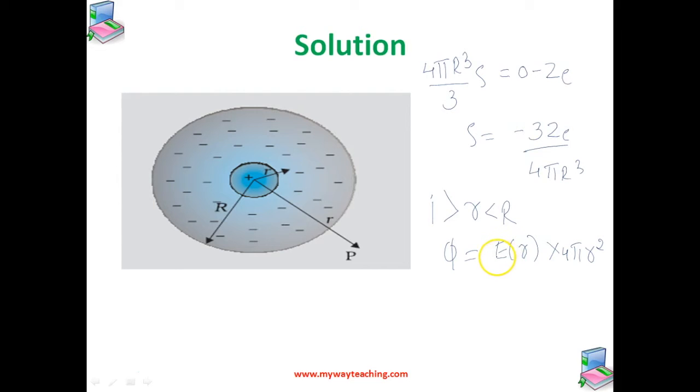This is because the field at any point on the spherical Gaussian surface has the same direction as the normal to the surface there, and it has the same magnitude at every point. The charge q enclosed by the Gaussian surface is the positive nuclear charge and the negative charge within the sphere of radius r. So q includes both the negative and the positive charge enclosed there.